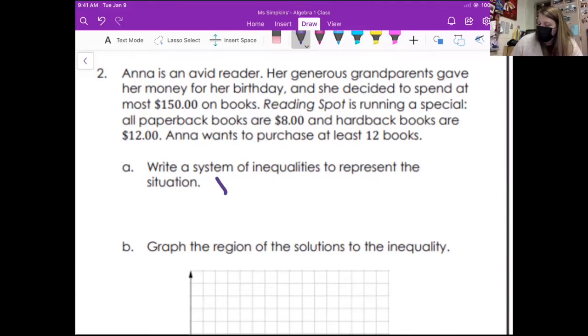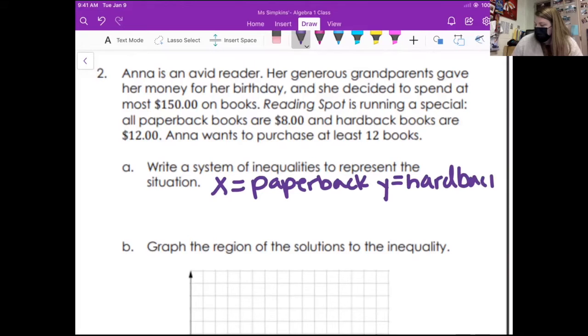So first, we're going to say X is going to be paperback and Y is going to be hardback. So just money alone, how can I represent her situation by just talking about how much money she's spending?